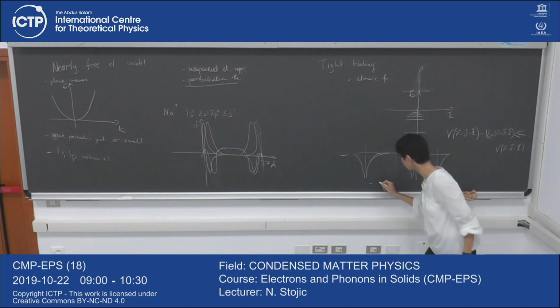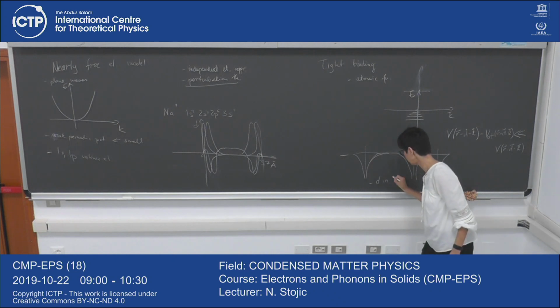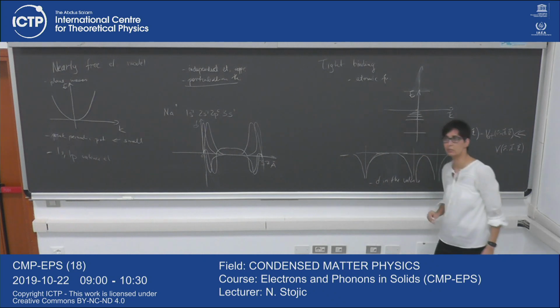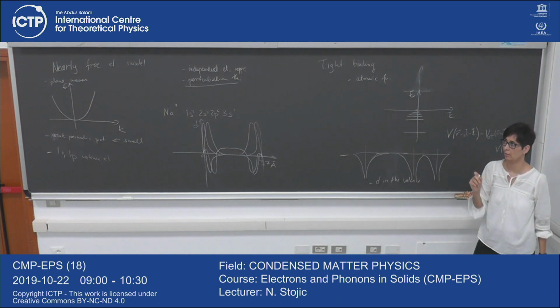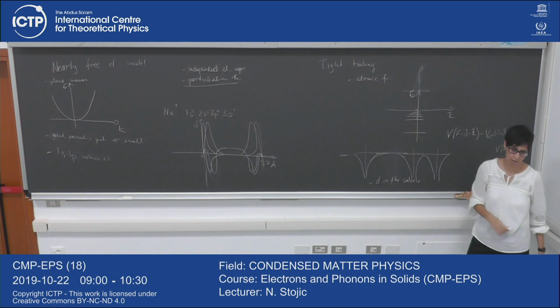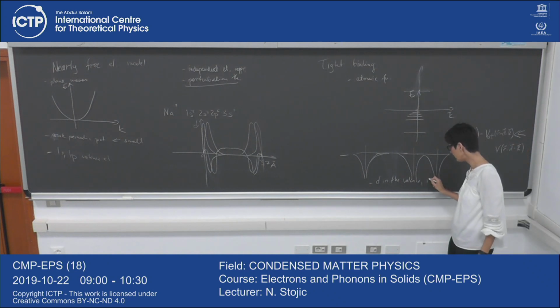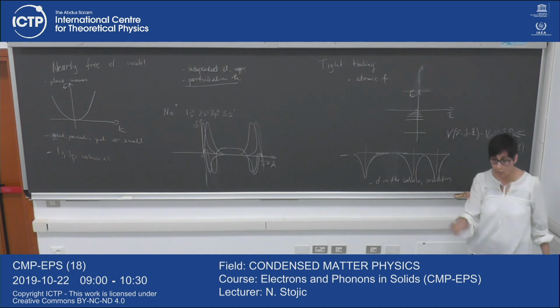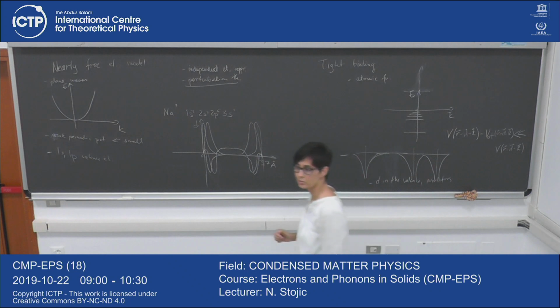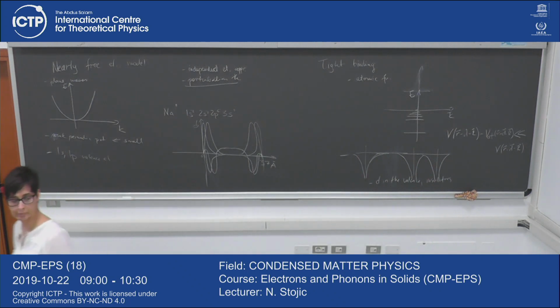So for d in the valence, I think it is from the fourth to the eighth column, I'm not sure in the table. And for the insulators, of course, when you have no states at the Fermi energy, then you're sure. So these are the differences and similarities.